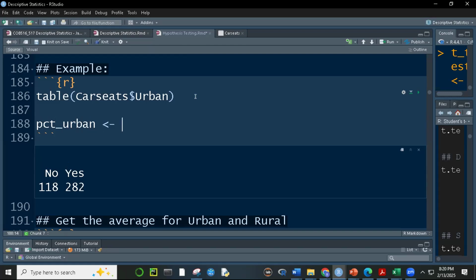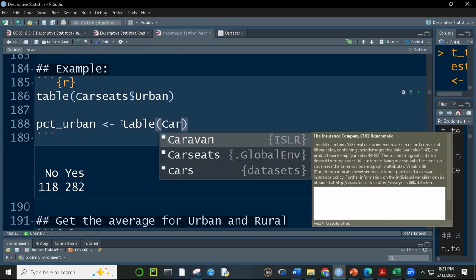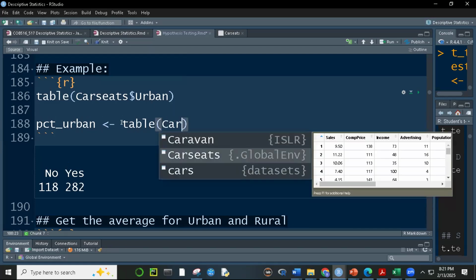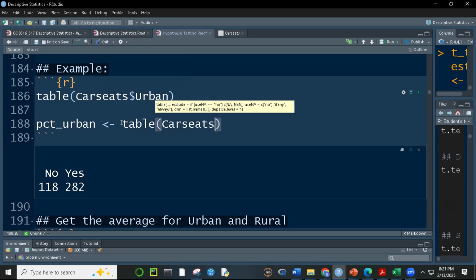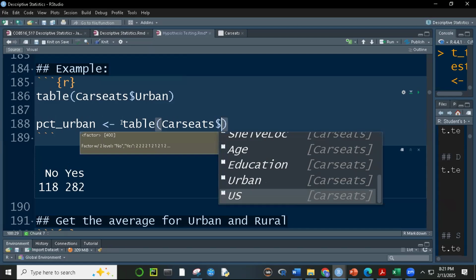Okay, I'm going to create a table. Car seats, should have copied it. Car seats dollar, then you have your urban.